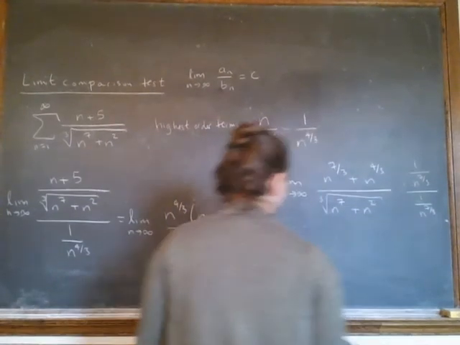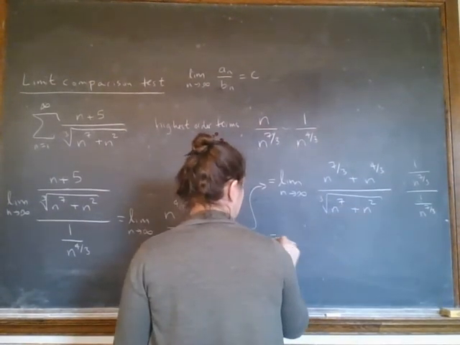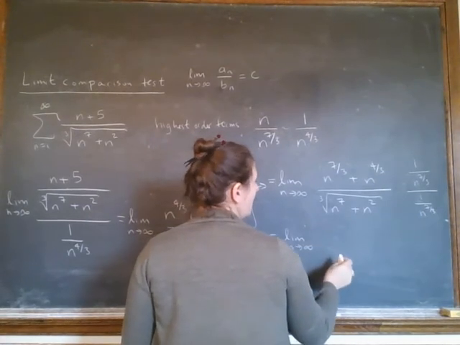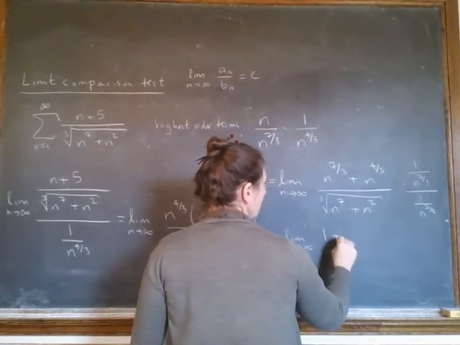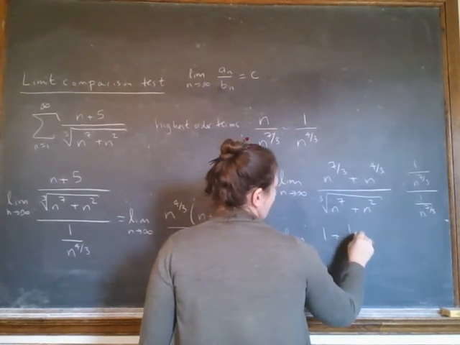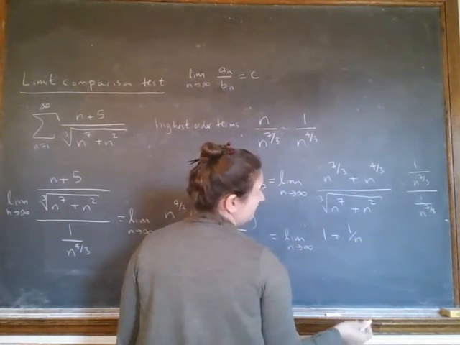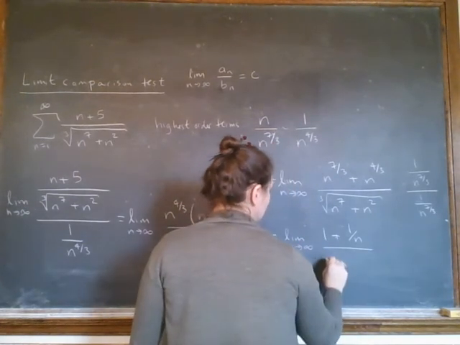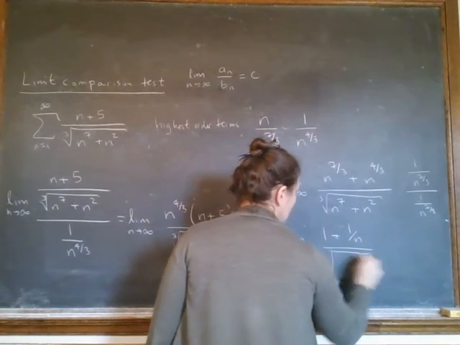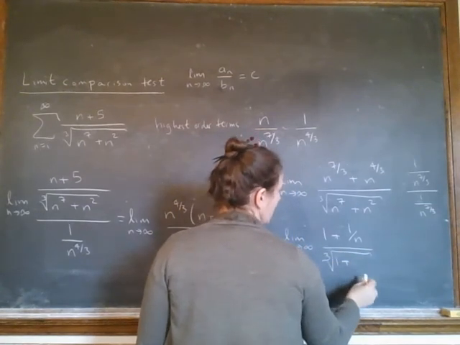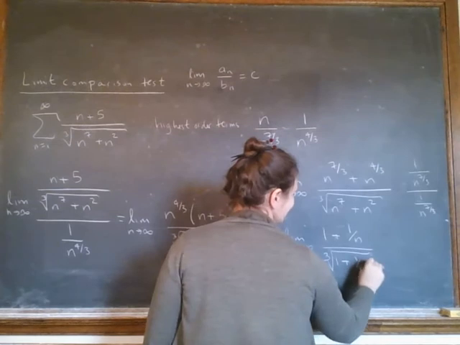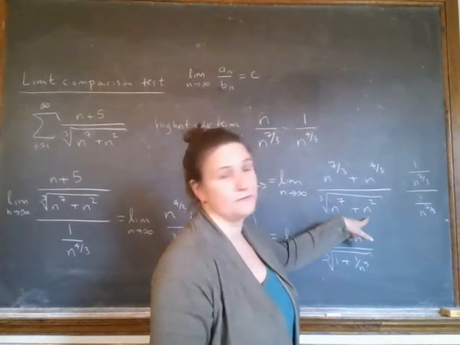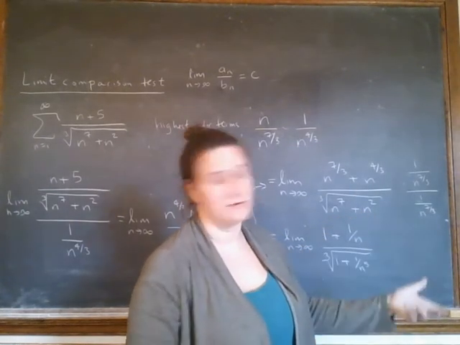Okay? And then when I multiply there, I'm going to have limit as n goes to infinity of 1 plus, all right, what is that? 1 over n to the 4 minus 7. And then this would be cube root of 1 plus 1 over n to the 5th, because once I took that over, I have n squared divided by n to the 7th, so I have n to the 5th.